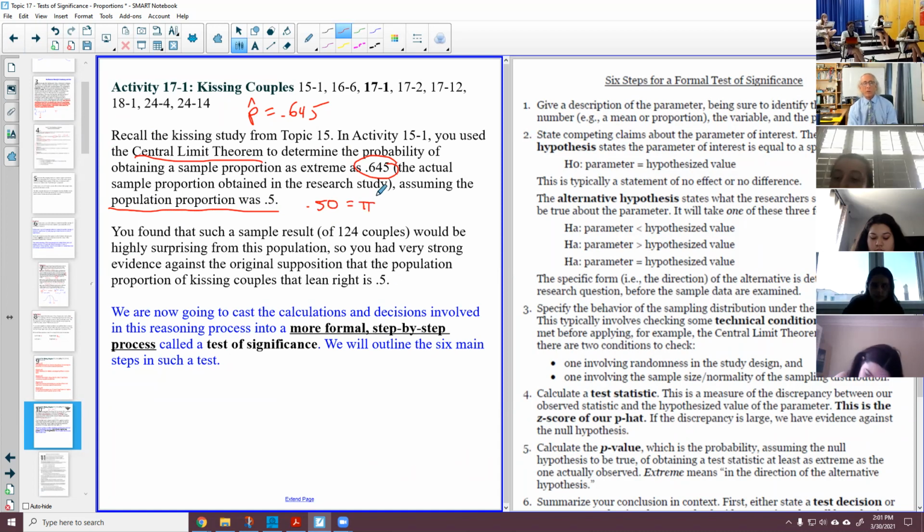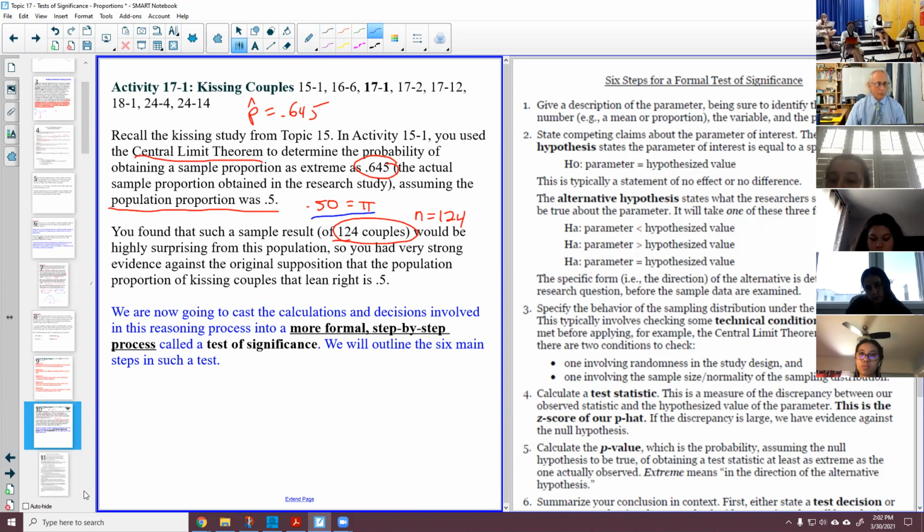That's what we were assuming, okay? P hat, our sample, pi, the population proportion. We had 124 couples. So that was our n equals 124. And then we had very strong evidence against the hypothesis that our pi is 0.50. Okay, now we're going to learn how do we do that in a formal test kind of a way.